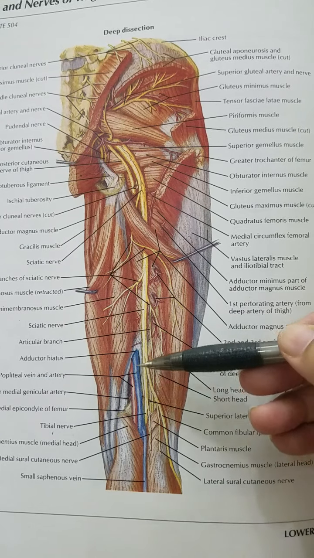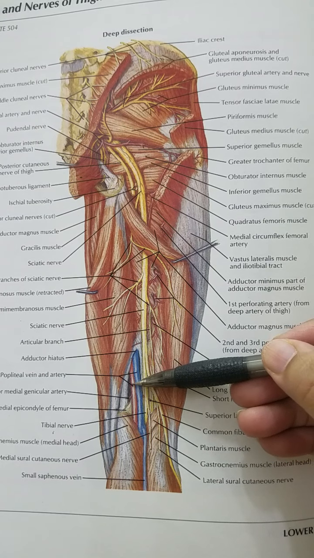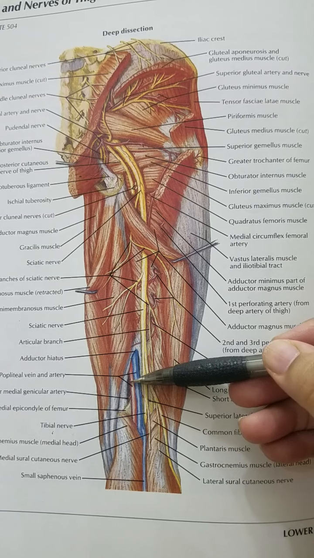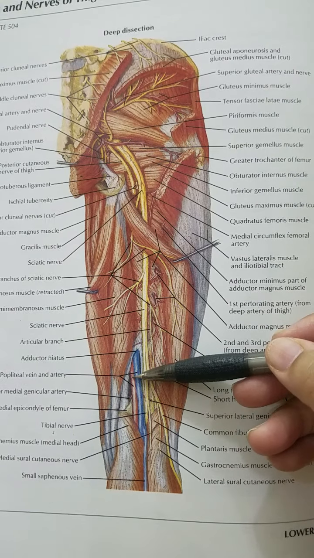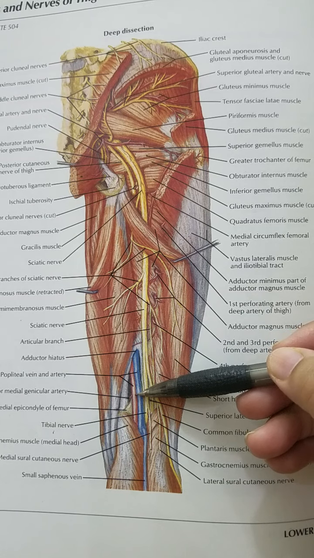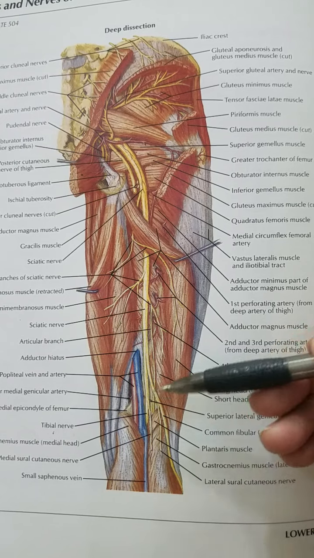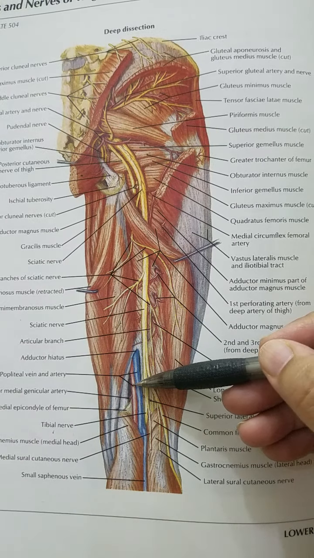Deep to the nerves you have the vein, and the arteries are the deepest structures of the three, right? So the popliteal artery and its branches would be present right behind the knee joint here. So superficial to deep, the nerve, the vein and the artery.